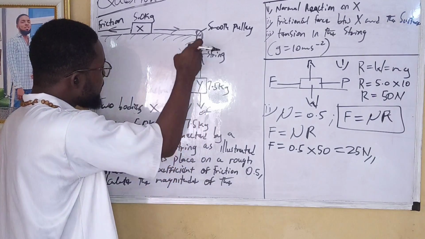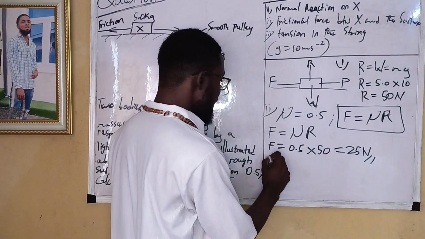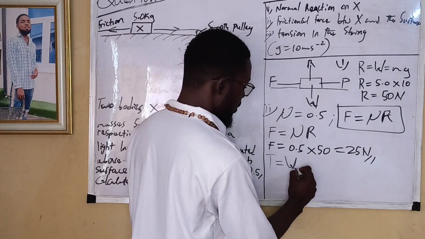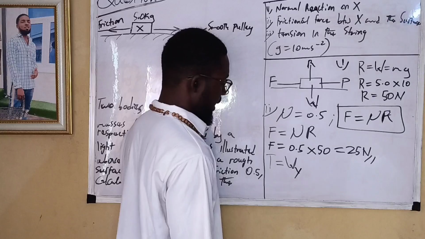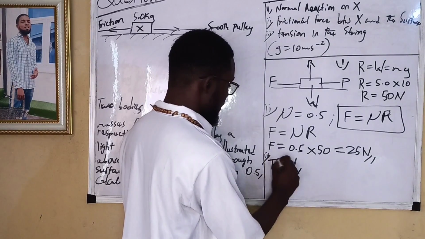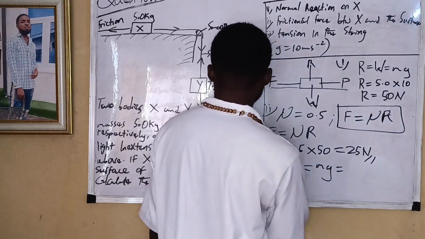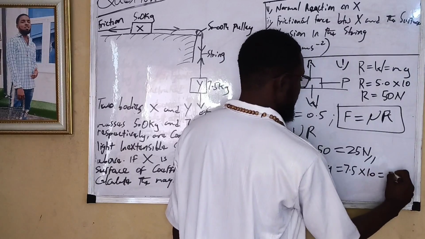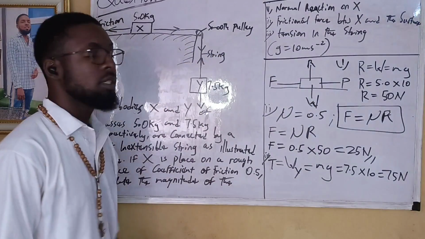So the tension in the spring is the weight of Y. Let me put it as W subscript Y. That's the tension in the spring, Roman figure 3, equal to the weight of Y. So therefore, weight is mg. The mass there is 7.5 times g, which is 10, which is equal to 75 Newton. So this is the tension in the spring.